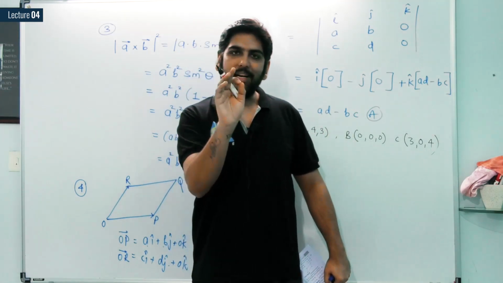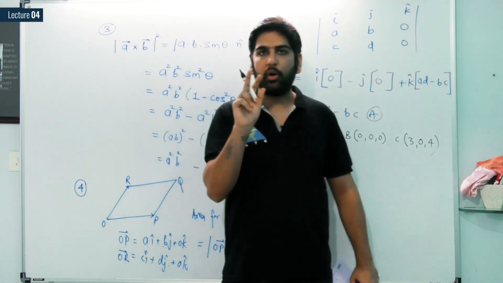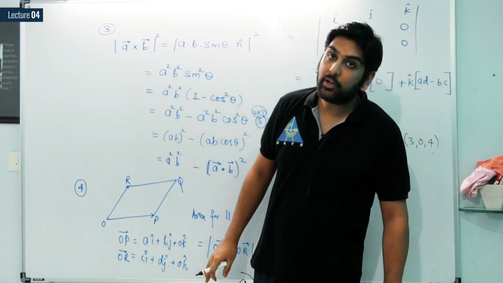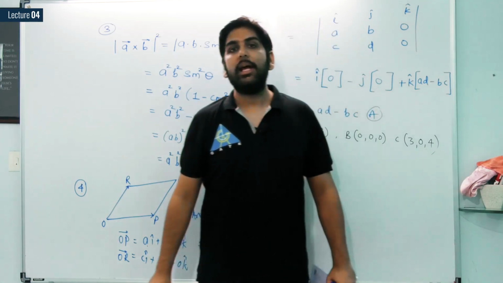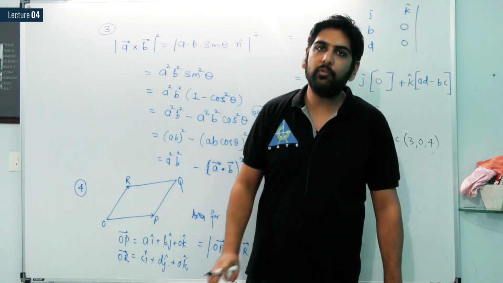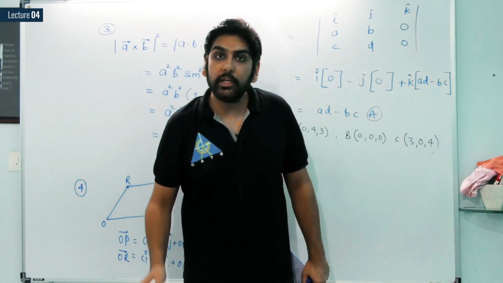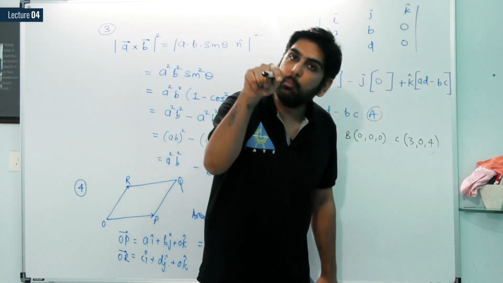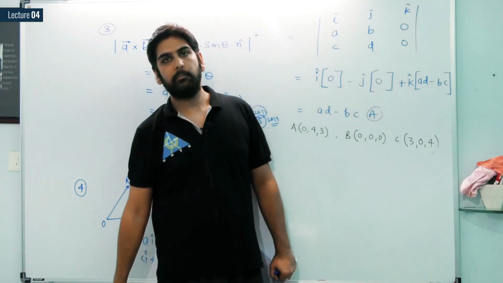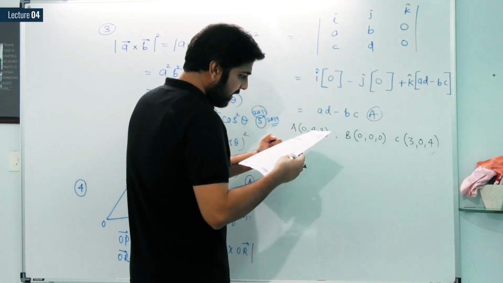Let us suppose A and B are two vectors for which we are evaluating A cross B. Then A cross B is a vector quantity which is perpendicular to both vectors A and B. That means what? I am calculating BA and BC.